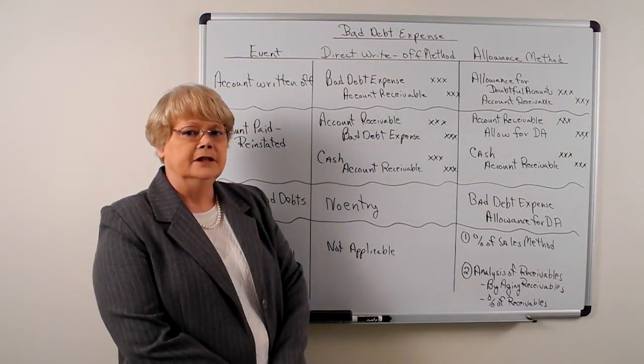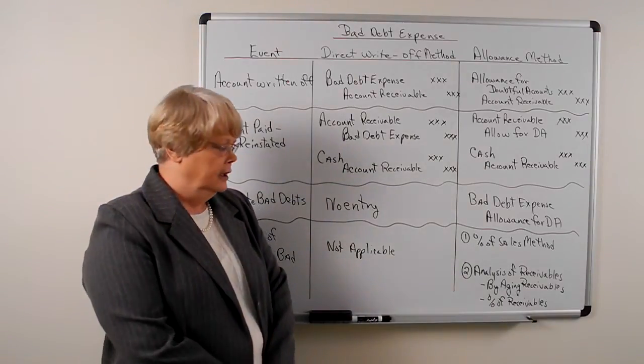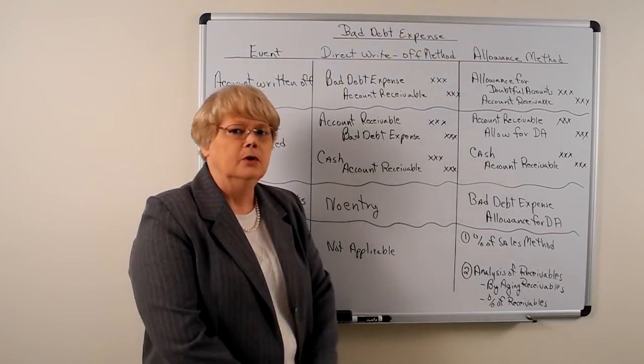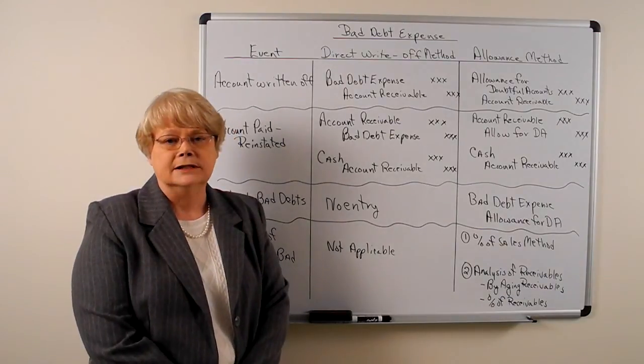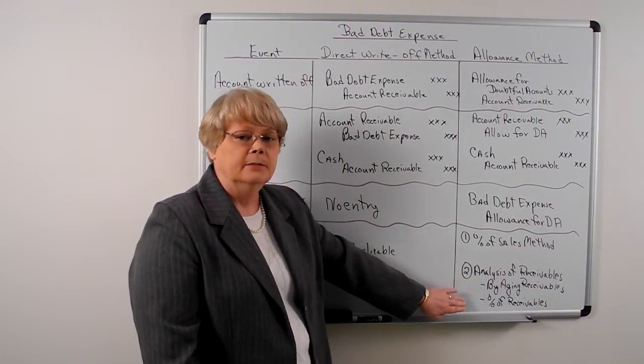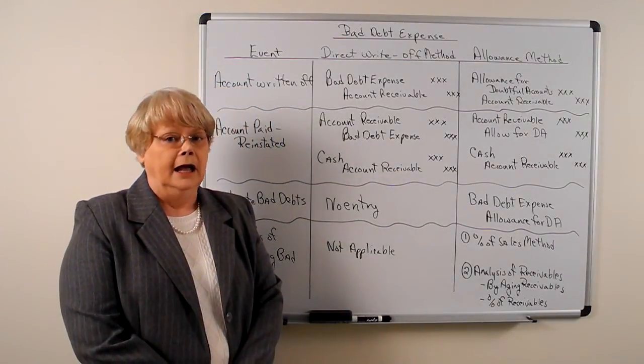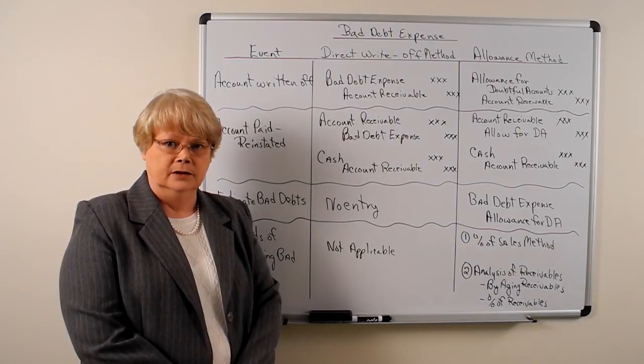There's a difference between these two methods in how we actually make the entry. On the second method, we're going to be adjusting the allowance account to a desired amount. We're going to come up with that desired amount by one of these two methods, and then that will be our balance after the adjustment in the allowance account.